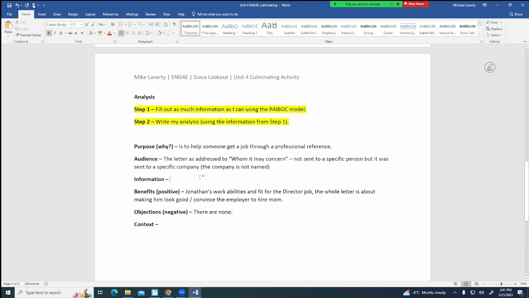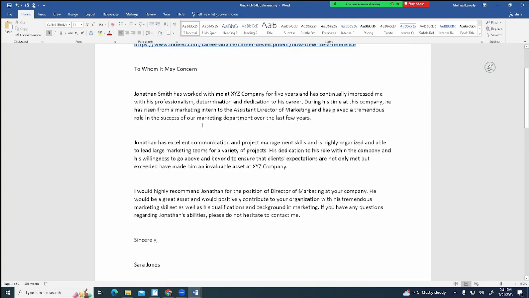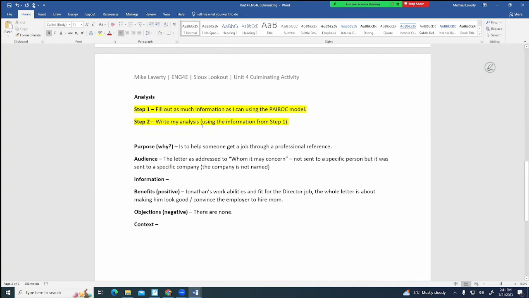The information presented, and then here you could actually count them. It's like there were three paragraphs. You could break them down by what they talk about, by their topic. Intent.